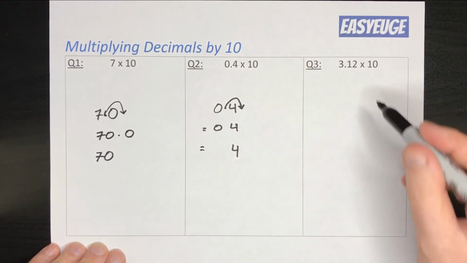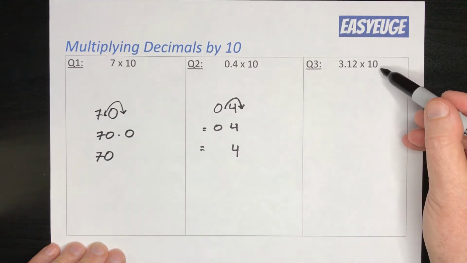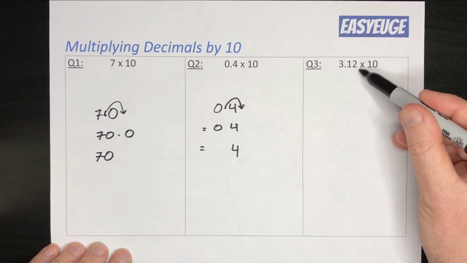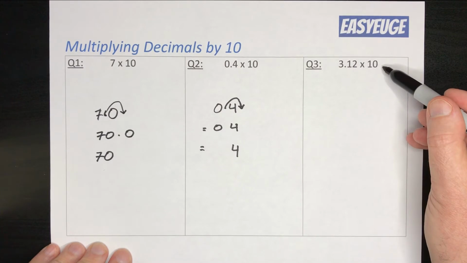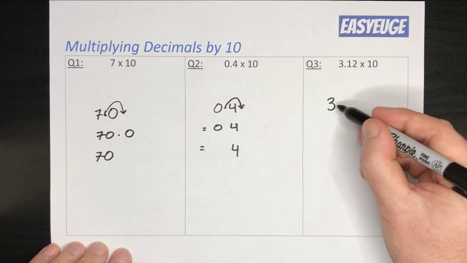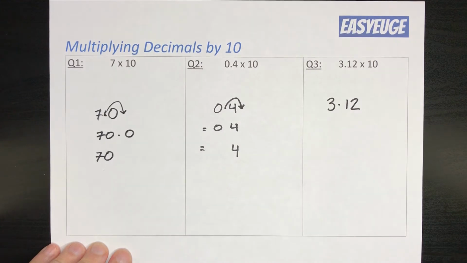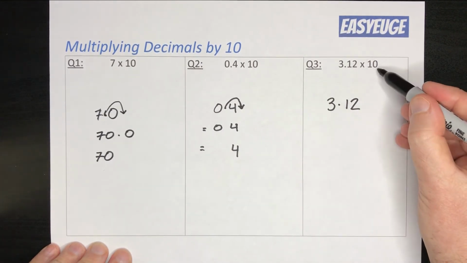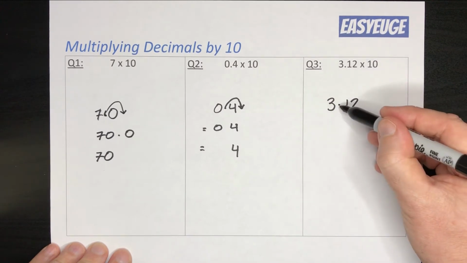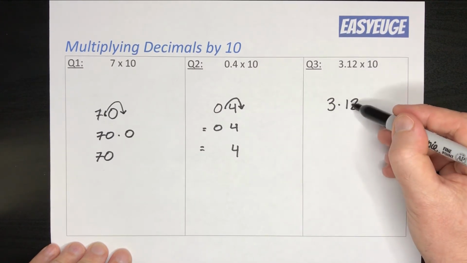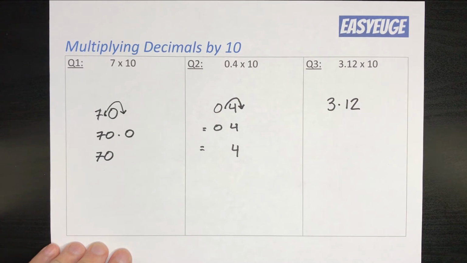So let's do that one more time with something that looks quite hard. 3.12 multiplied by 10. So we write that down as 3.12. So remember what you've learned. There's one 0, so we're going to move this decimal point one place. And when you're multiplying, you go to the right.